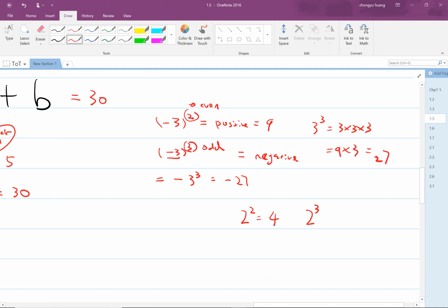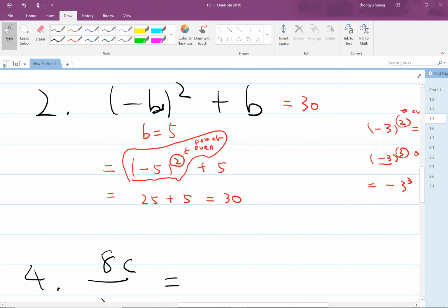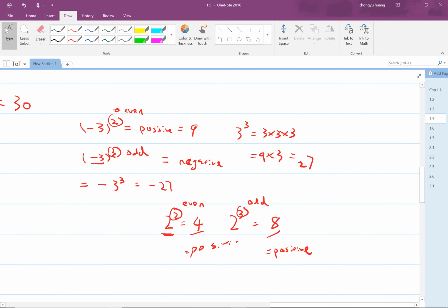So it's equal to 4 here, and equal to 8 here. What I'm saying is that whenever the number is positive, no matter whether the power is even or odd, the solution will be positive. Alright, let's move to the next question.